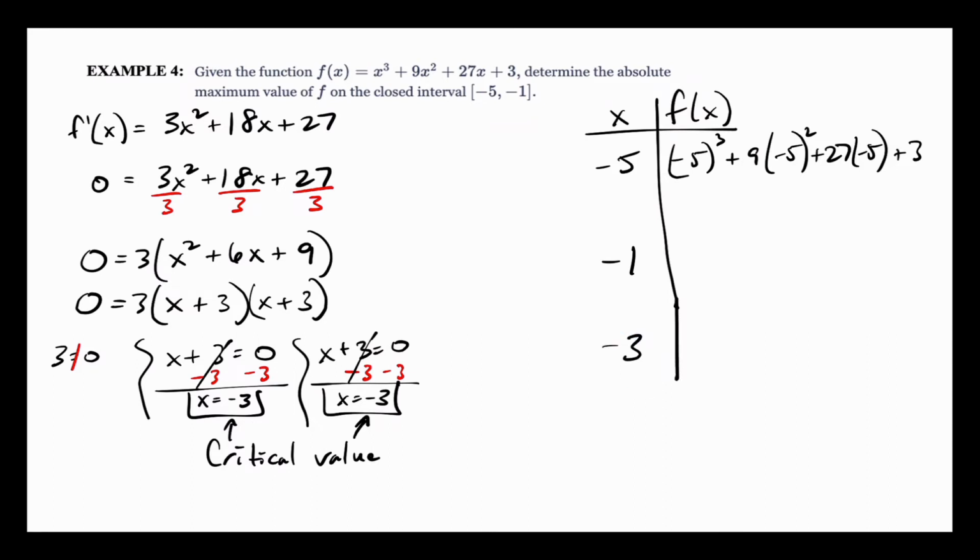Okay, so I get negative 5 cubed is negative 125. Negative 5 squared is 25 times 9 is 225. 27 times negative 5 is negative 135, plus 3.